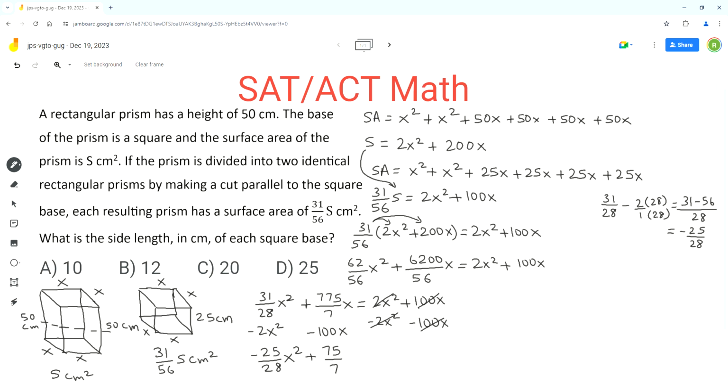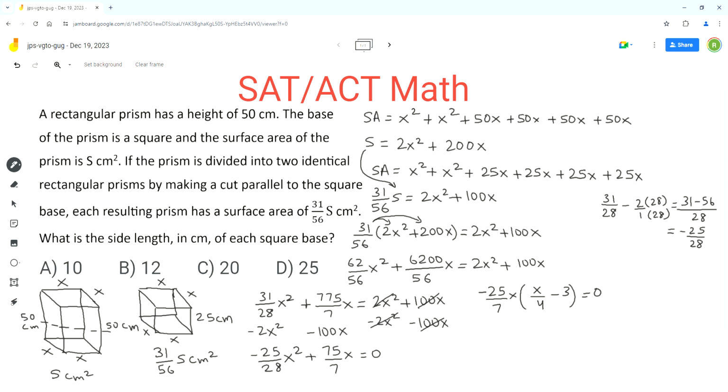x equals 0. We can simplify this equation by doing common factoring. We can factor out negative 25 over 7x. And we are left with x over 4 minus 3 in the parentheses.